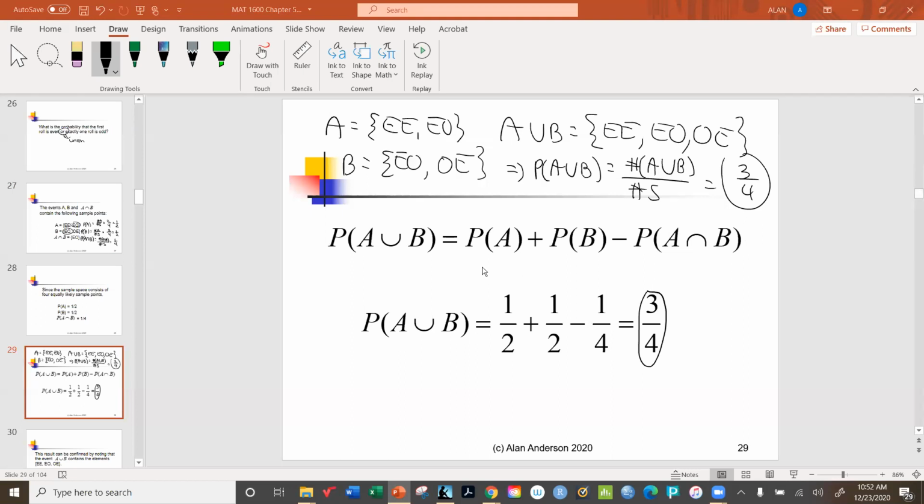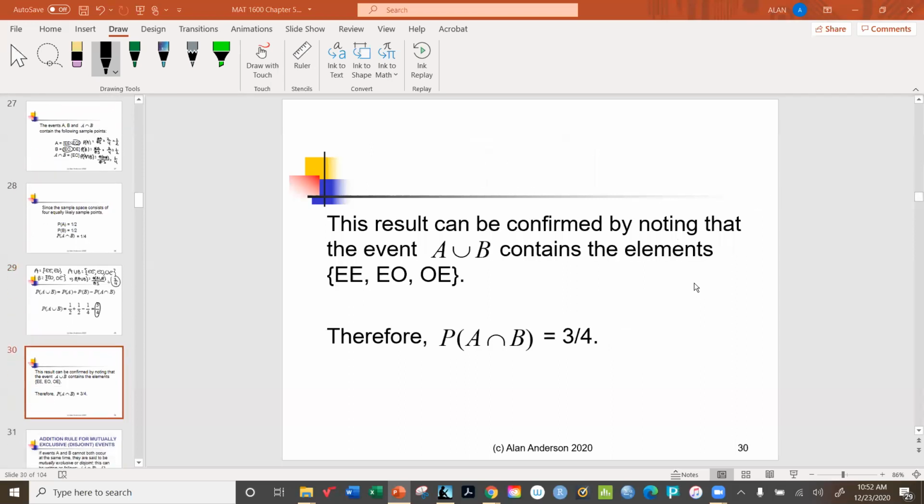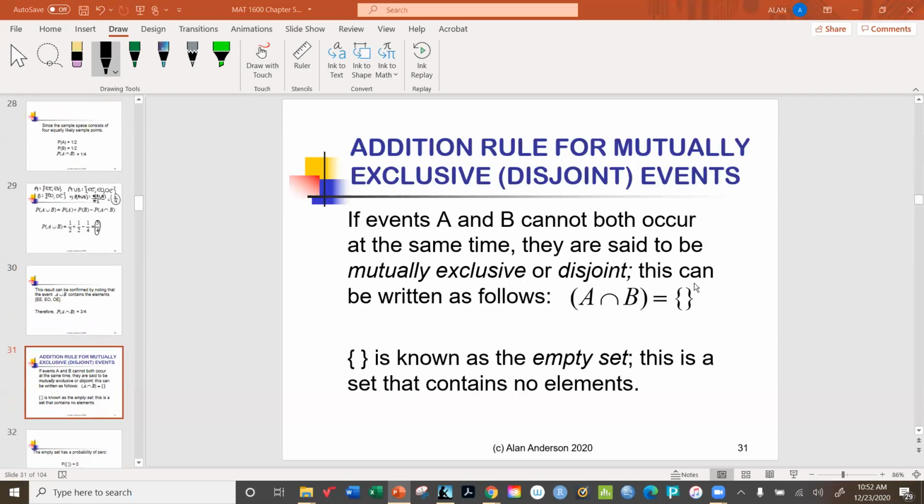Now, what if A and B are mutually exclusive? Does that affect my results? Good question. Well, guess what? It does. Because this intersection is the empty set. And the empty set is defined to have a probability of 0, because that is considered to be an impossible event.